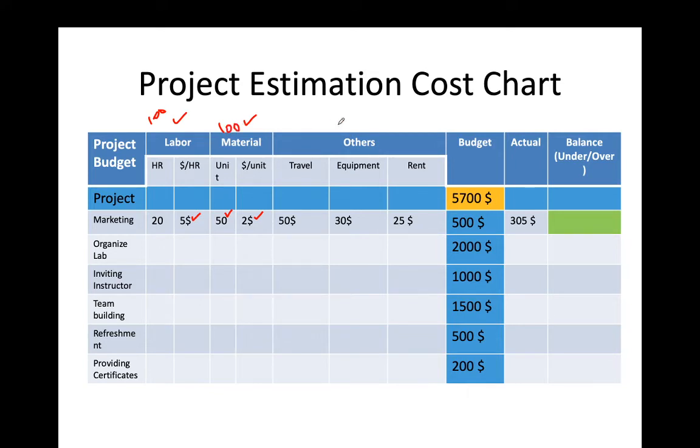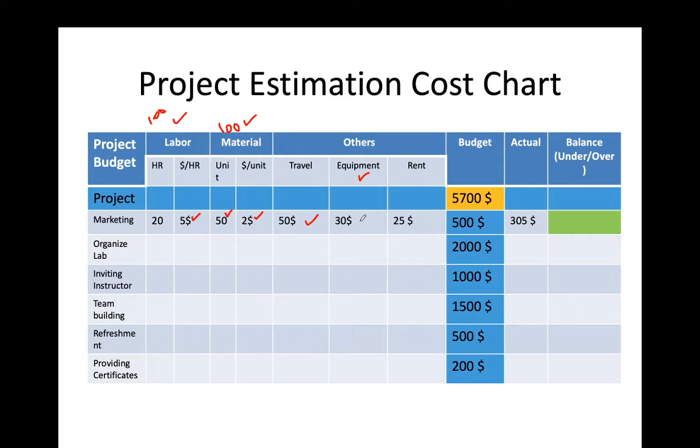Now we have other costs. For the traveling, how much cost will I give to the traveling team? I give 50 US dollars. For the equipment, because we need tools, we need different equipment for marketing, so I kept 30 US dollars.